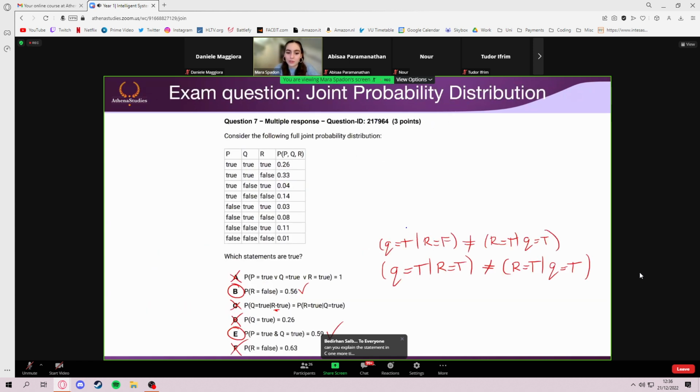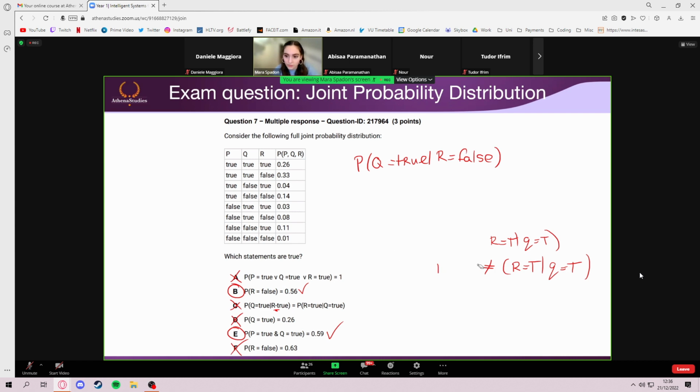Yeah, okay, so this is the given, right? So in our case here, okay, let's try. So Q is true given R is false. That's the first one. Exactly, so you would apply the same formula.